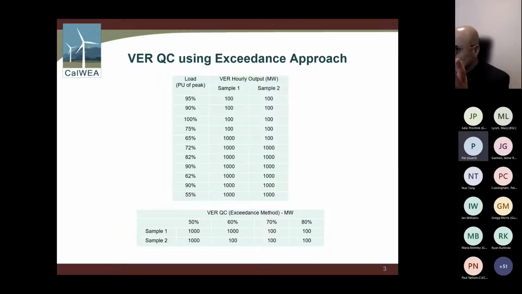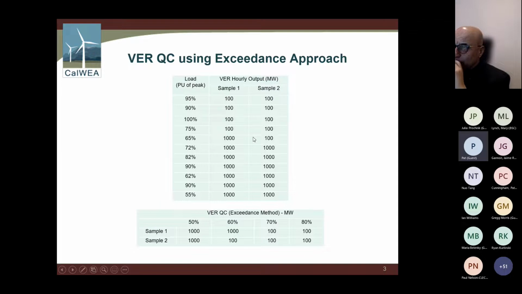If we have 4 years, it will be 93 plus 31, provided it's a 31-day month, say August. So we have a limited number of data points to work with for calculating the qualifying capacity of a variable energy resource for a particular hour.